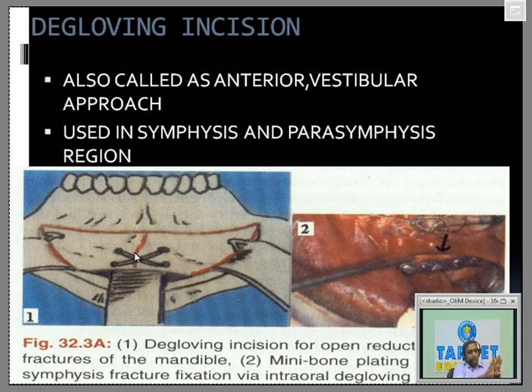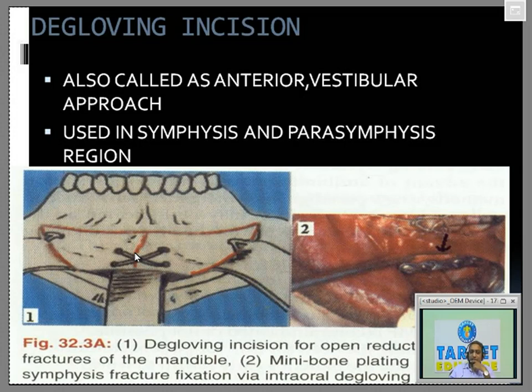Whenever they were putting plates on the inferior border of the mandible, what was happening was at the superior border. If this is a mandible, this is the superior border and this is the inferior border. If you put a compression plate on the inferior border, once you tighten the screws on the compression plate, the superior border opens up like this. The superior border opens up like this.